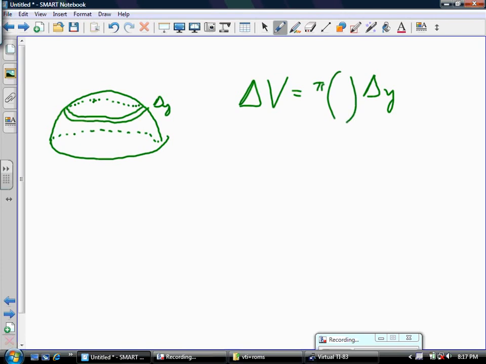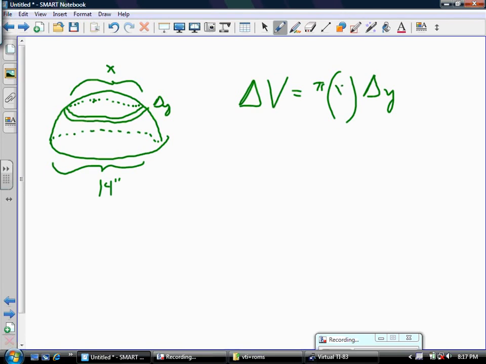But what's r in this case? Remember, last time the whole rectangle had a length of x, and this bottom part here had a length of 14 inches. The same situation. The cross-section is still that semicircle. So what's the radius?